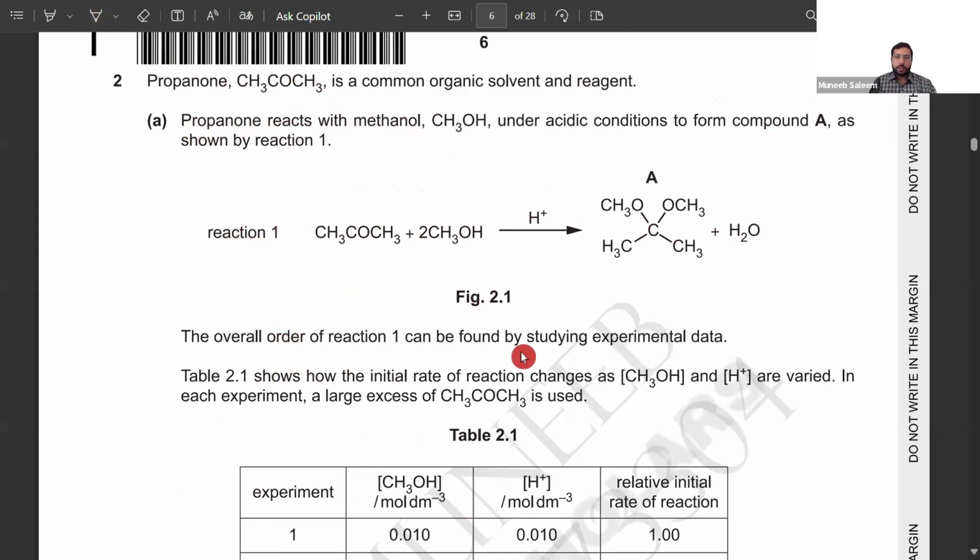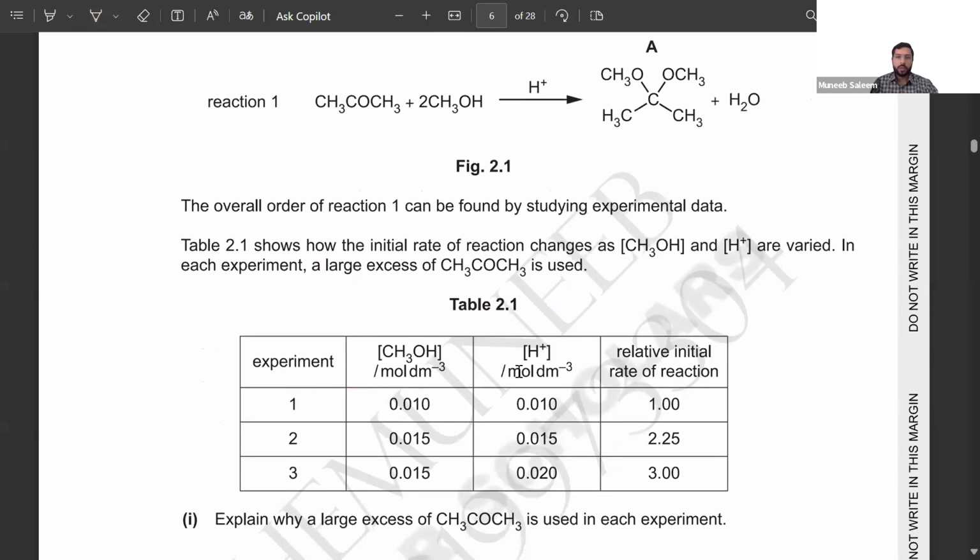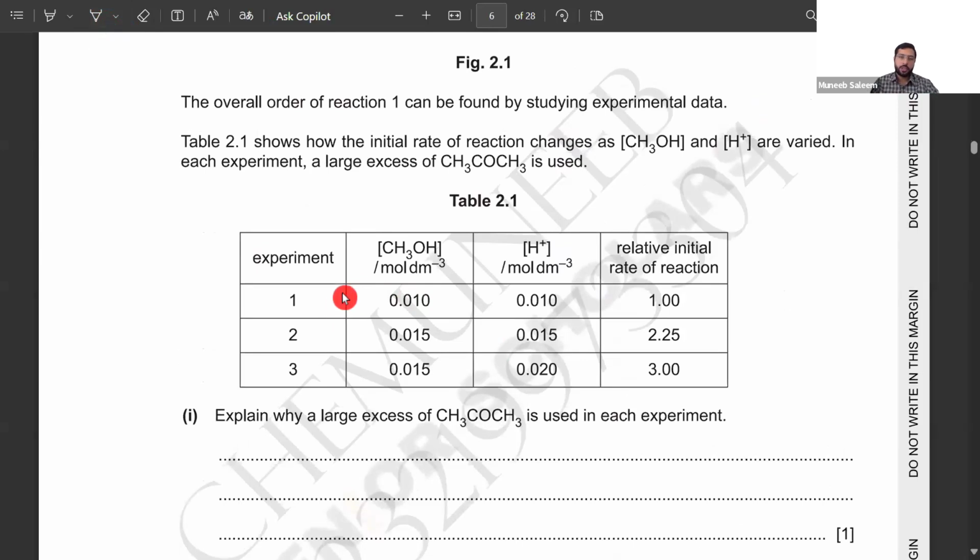The overall order of reaction 1 can be found by studying experimental data, and the table shows how the initial rates of reaction are weighted. So we are given this table, and we have the relation between the concentration of methanol and the concentration of hydrogen ion or acid with the rate of reaction. So part 1 says, explain why a large excess of propanol is used in each experiment.